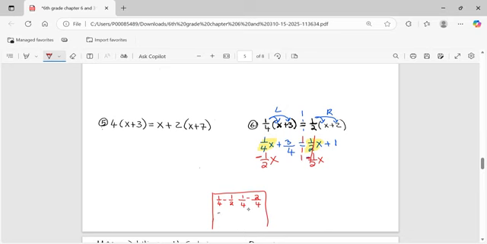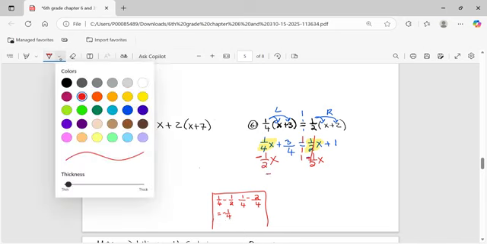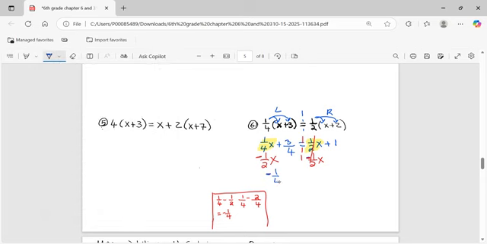So that's equal to negative 1/4. So this is negative 1/4 x plus 3/4, and that's equal to 1.